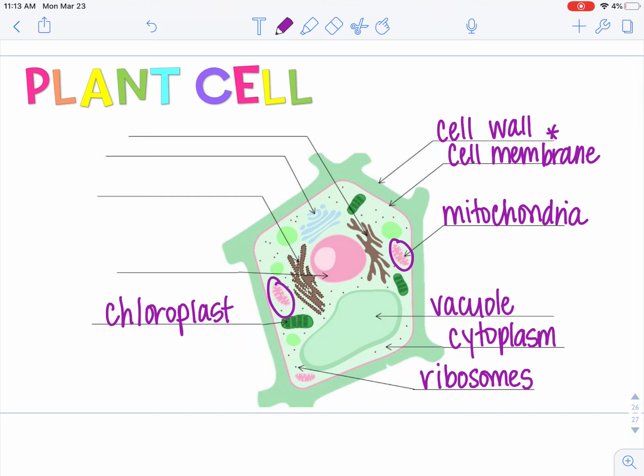Then we have our big pink, kind of like a brain in the middle of your cell. That is your nucleus. Remember, it's going to control all of the organelles, make sure everything's running properly. On the left side of the nucleus, we have our rough endoplasmic reticulum.